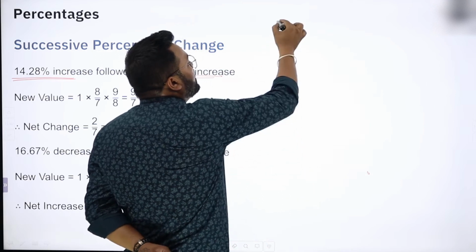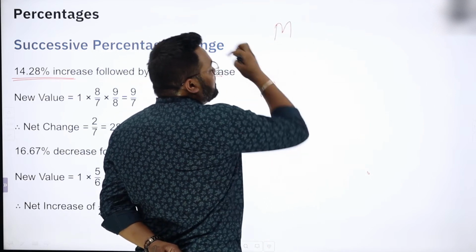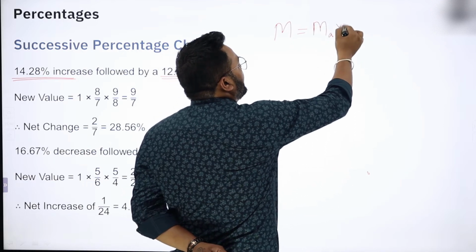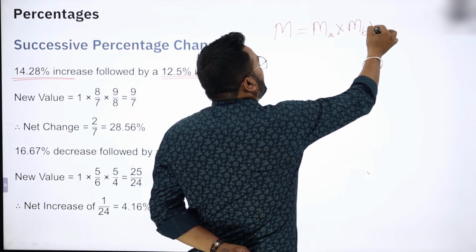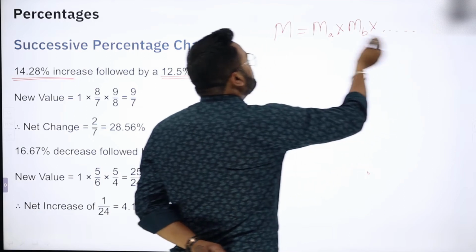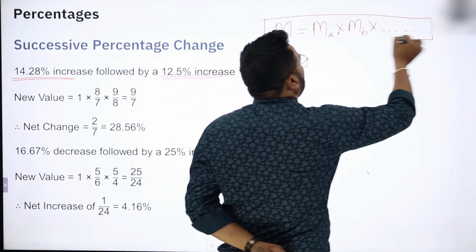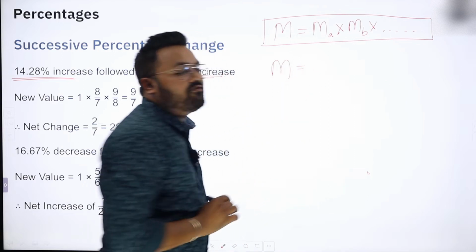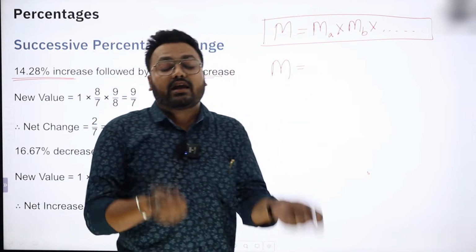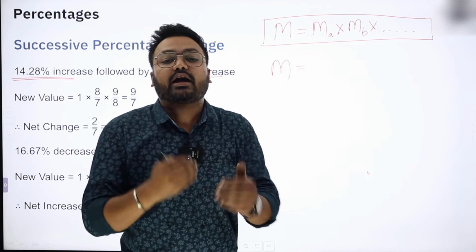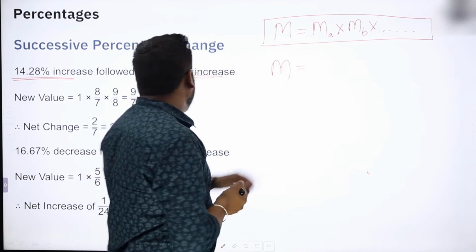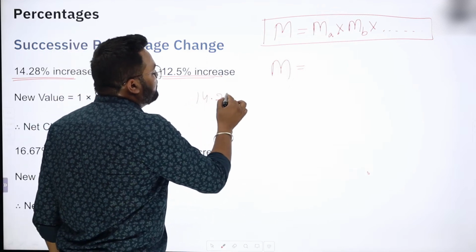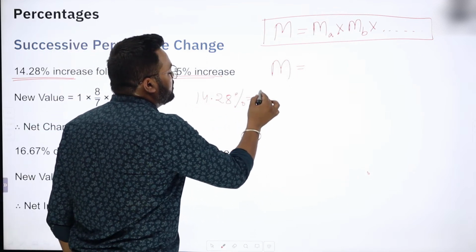There is one formula that net change multiplier is equal to multiplier of A into multiplier of B, and even for more than two percentages we can use this formula. So what is the net change? Before that we have to find the multipliers, and then we will convert each multiplier to a fraction. So there is a change that is 14.28%, and I know that 14.28% is equal to 1 by 7.